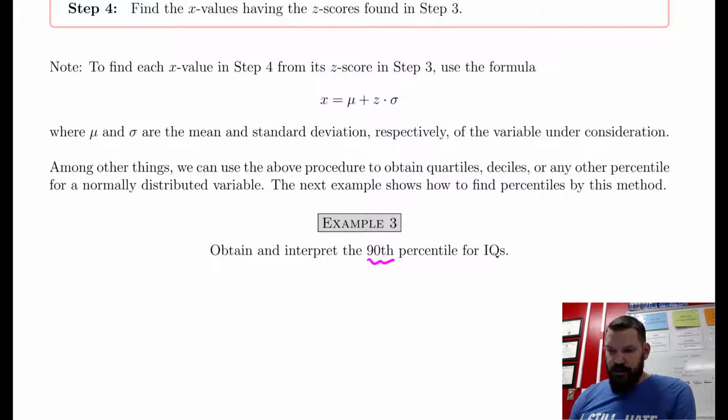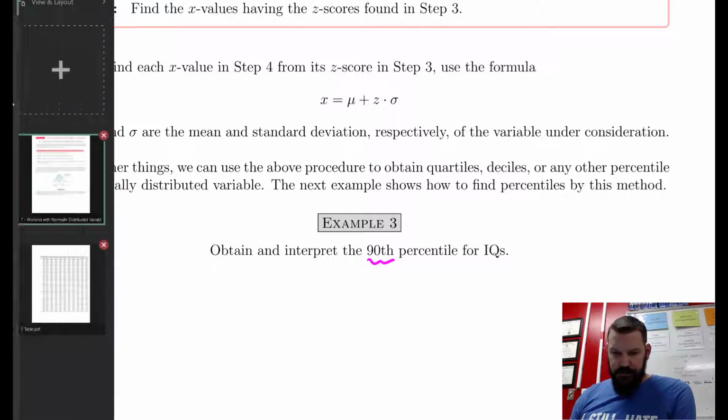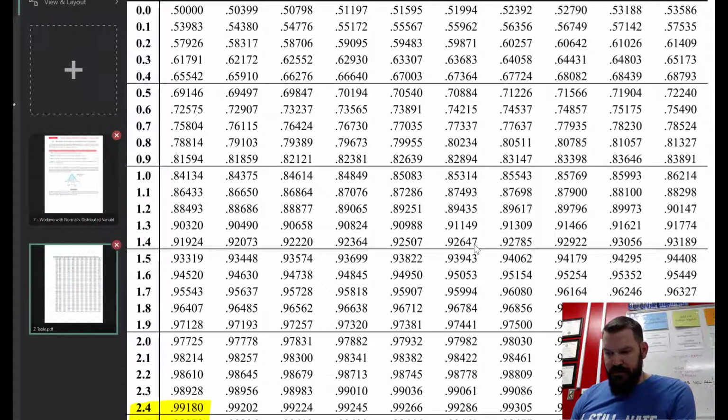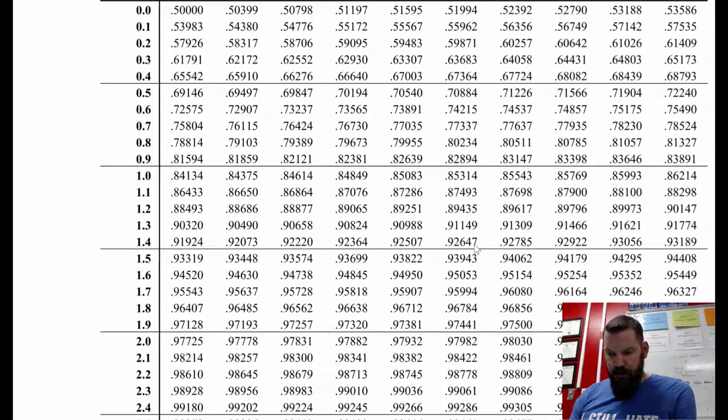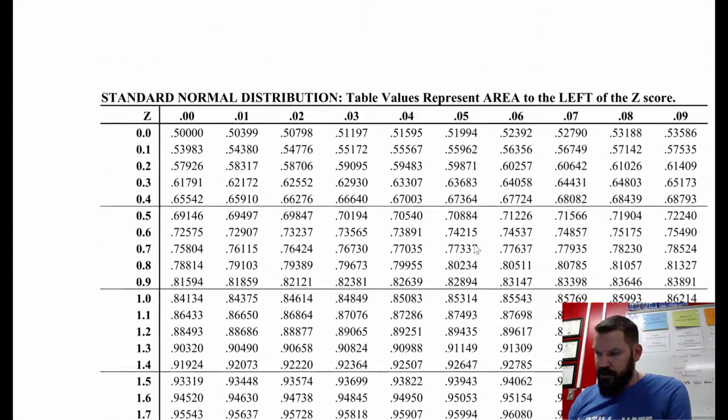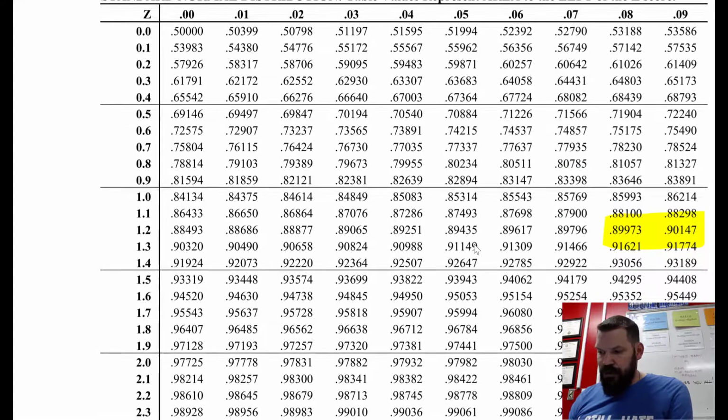So we're going to consult the z table, and to get the 90th percentile we're looking for a z value here in the middle of the screen that would be equivalent to 0.90. Looking right now, it's going to be somewhere between these two values, which is 1.28 and 1.29.